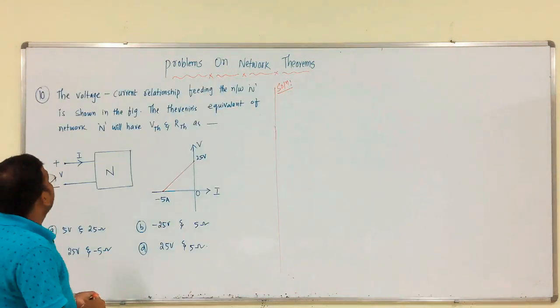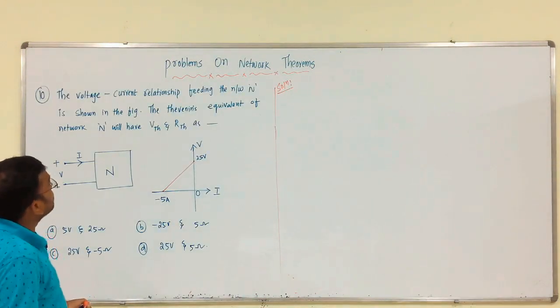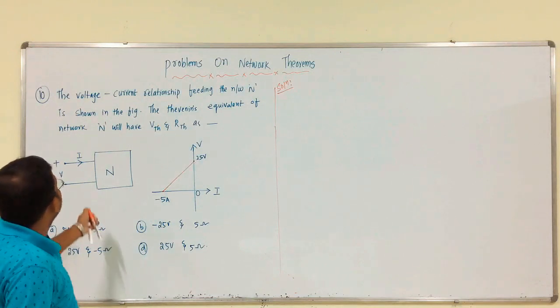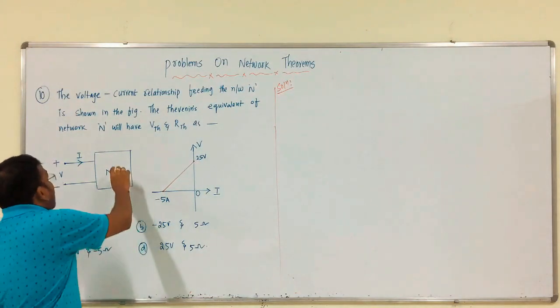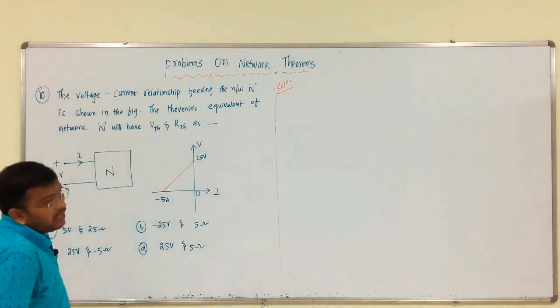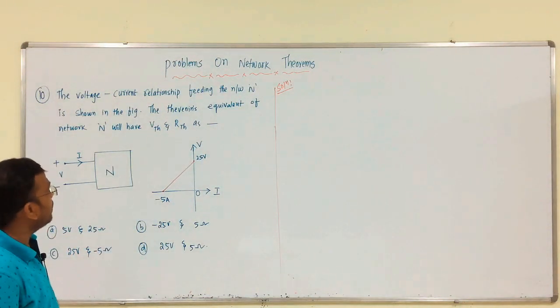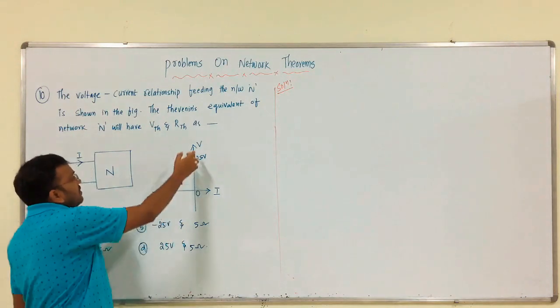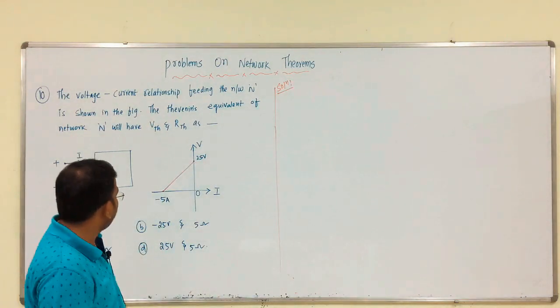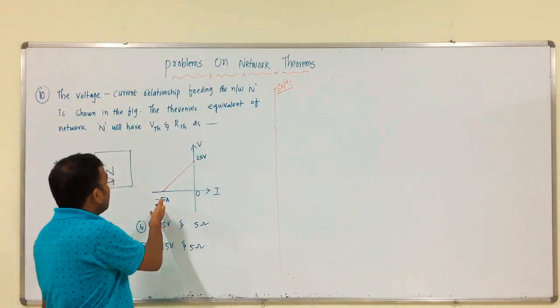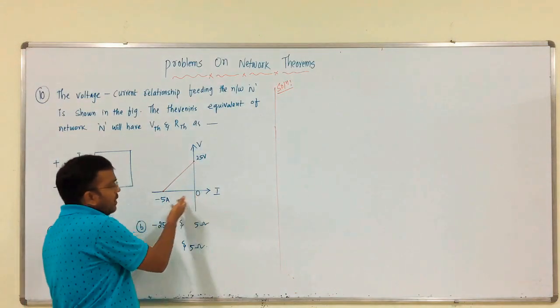So, next one, the voltage current relationship feeding the network N is shown in the figure. The Thevenin's equivalent of network N will have VTH and RTH, we have to calculate. So, this is the characteristic between V and I. We all know this procedure, right. This is minus 5 comma 0, current and voltage.